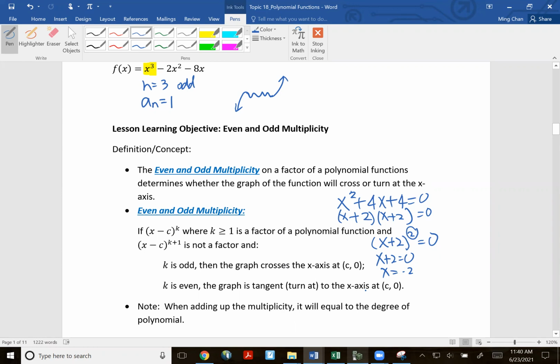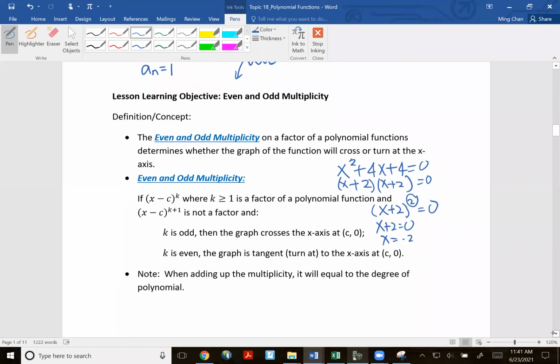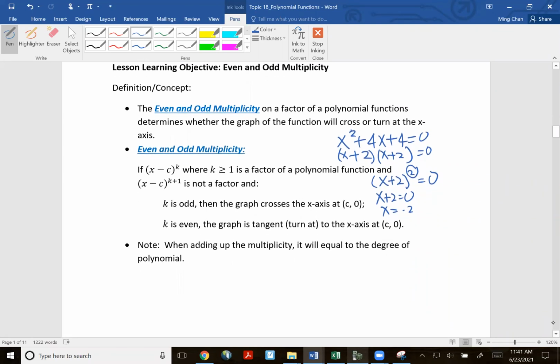Again, that is also your x-intercept. Okay, it will turn over there. When adding up the multiplicity, it will always equal the degree of the polynomial. Because remember, degree of polynomial also tells me at most how many zeros I should have. So this example, I should have at most 2, right? But it turns out I only have 1 of them because the 2 are exactly the same.